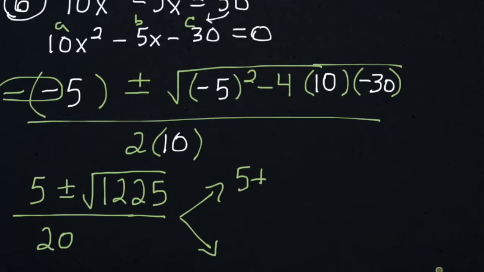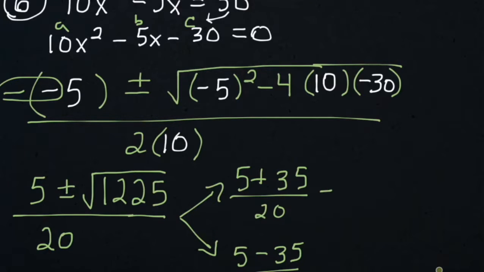So I have 5 plus 35 divided by 20, 5 minus 35 divided by 20. Remember, if I'm getting perfect squares, I could have factored it. Maybe factoring isn't my thing. Quadratic formula always works, no matter what.